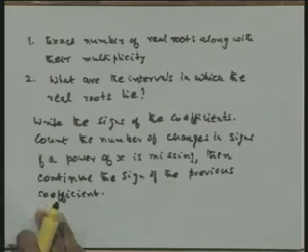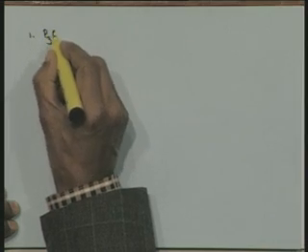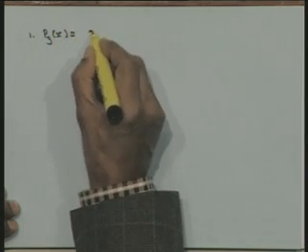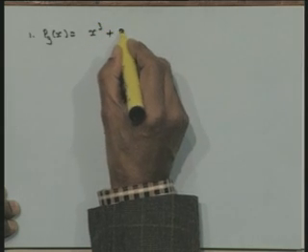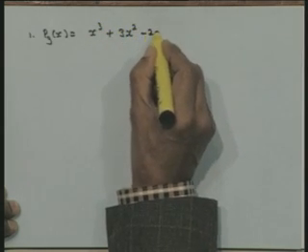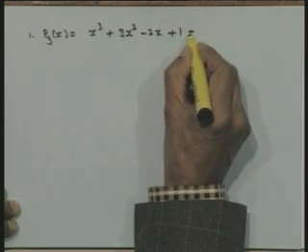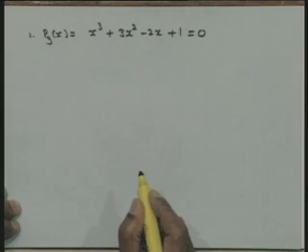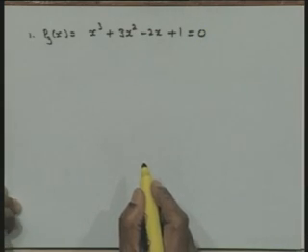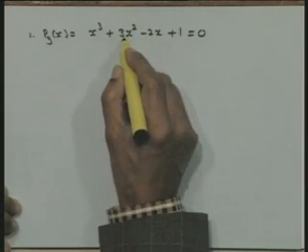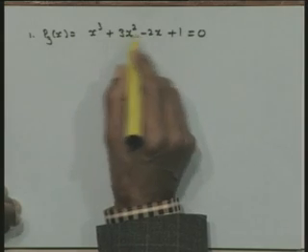Now, let us just take a simple example for this. How we are going to write it? Let us take a polynomial P3 of x is equal to x cubed plus 3x square minus 2x plus 1. And we are not really looking at the magnitude of the coefficients, we are only looking at the sign of the coefficients.